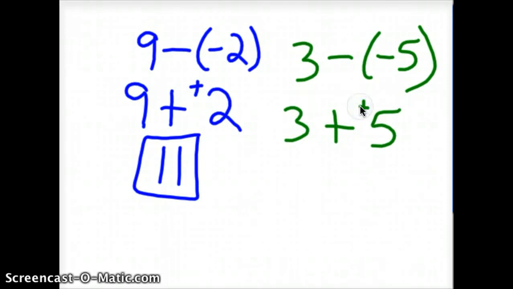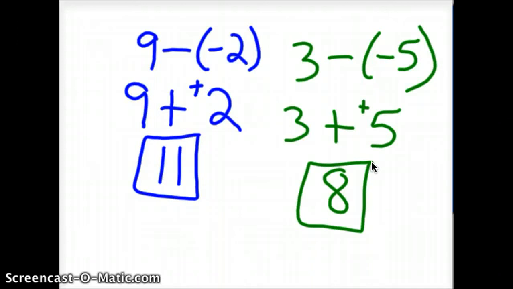The opposite of negative 5 is positive 5, and clearly that is 8. Now it seems kind of strange that 3 minus a bigger negative number gives us a positive result, but it does. Okay? Please try the got it's in the middle of page 64, problems 2A and 2B.